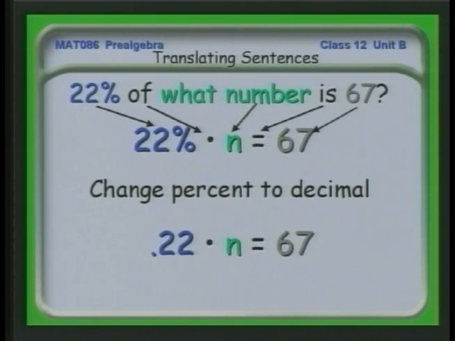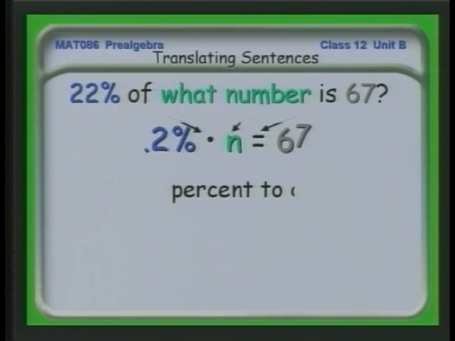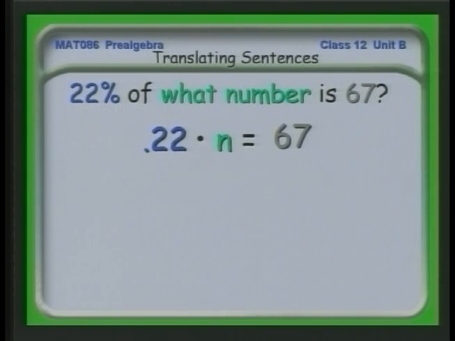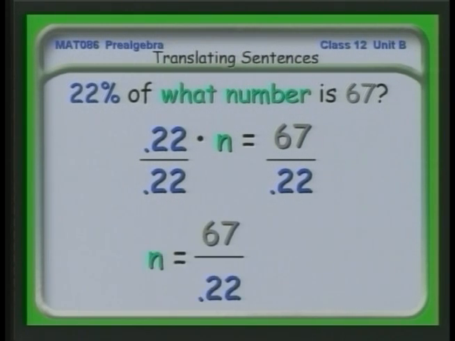Now that we've translated it, we have done most of the work. The rest is relatively straightforward. We need to get n by itself. I divide both sides of that equation by 0.22. I find that I wind up with n is expressed as 67 divided by 0.22.